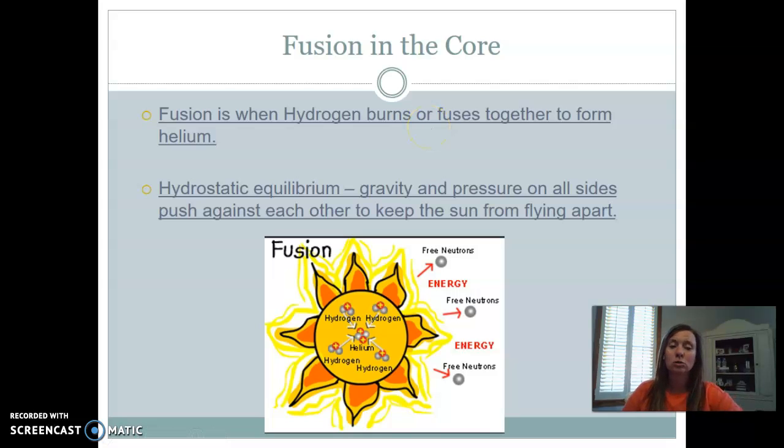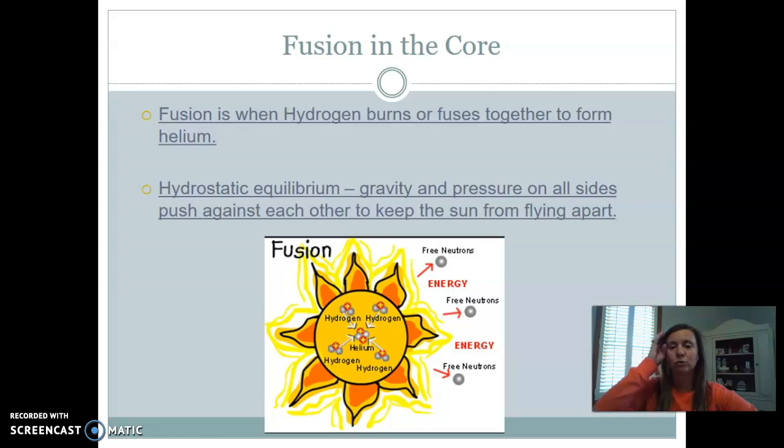All stars start out with an abundance of hydrogen, and as they start to fuse together, they are changing their mass from hydrogen to helium. So it's an exchange. It's the law of conservation of mass. It's creating one and changing it into another.